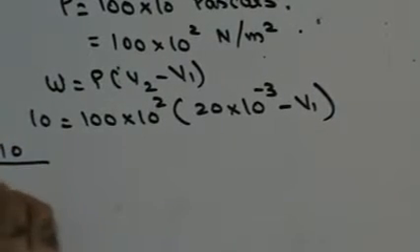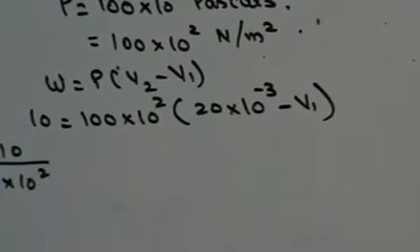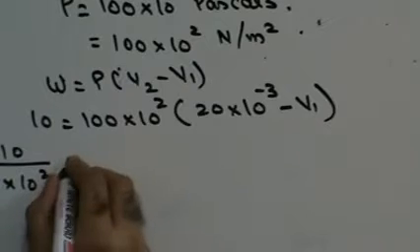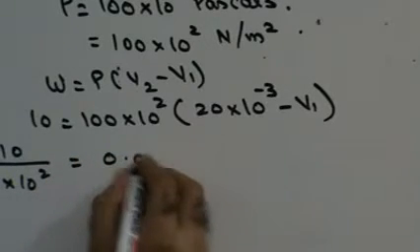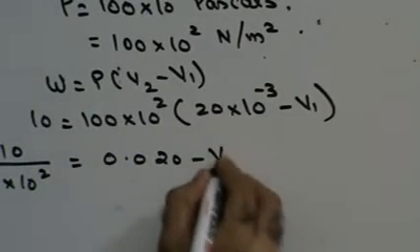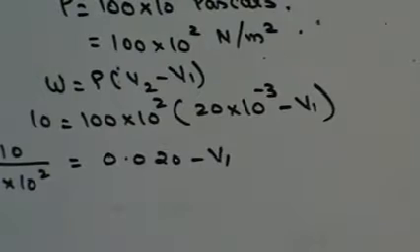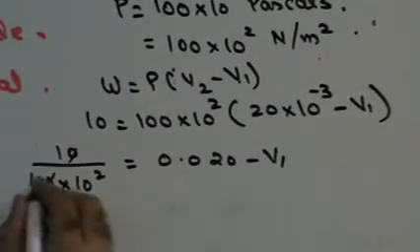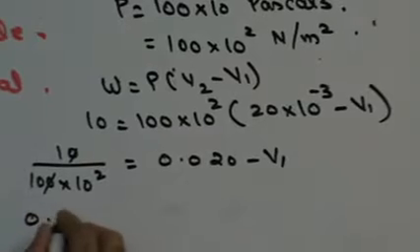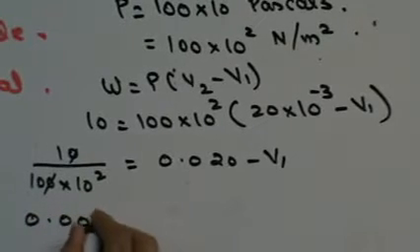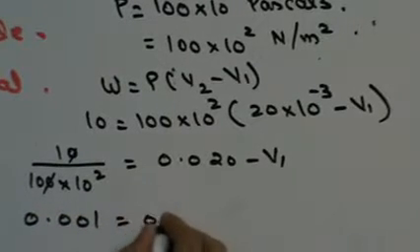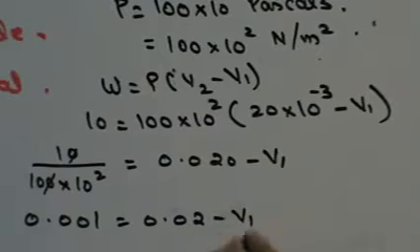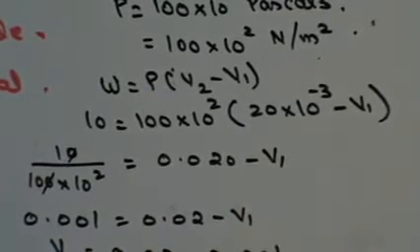So 10 upon 100 into 10 raised to 2 is going to be equal to 0.020 minus V1. So in that case you will get 0.001 is equal to 0.02 minus V1. So I can say V1 is equal to 0.02 minus 0.001.